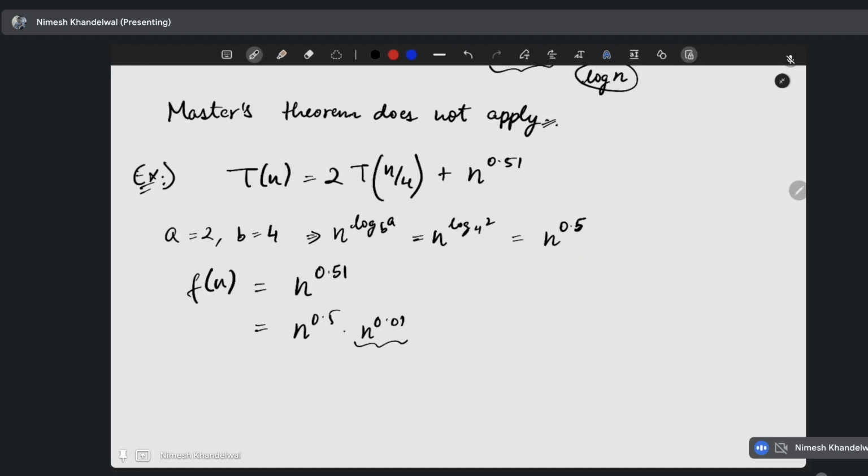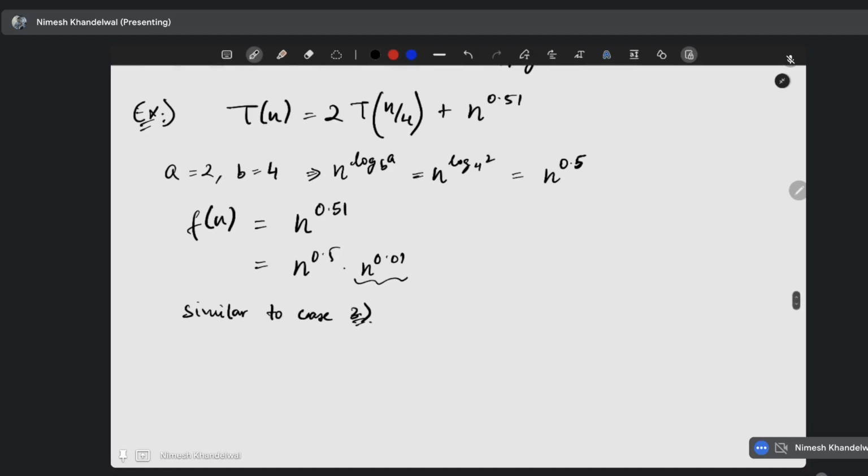So this is similar to case 3, for epsilon 0.01. This indeed grows faster than n to the power log a base b by a polynomial, a fractional polynomial given by n to the power of 0.01.